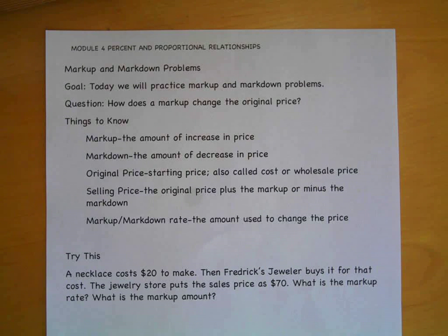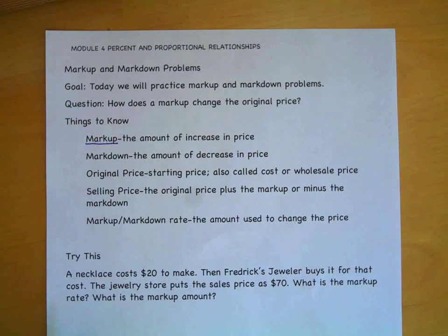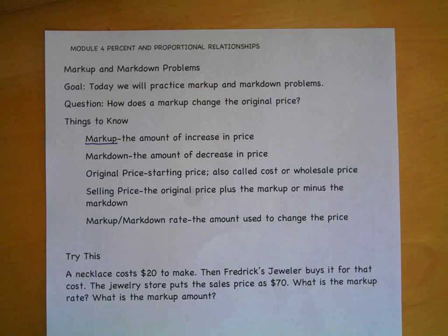So some important things to know are the vocabulary words that go along with this. A markup is the amount of increase in price. So you have a price, you multiply it by a percent, and the amount that you add to the price from your percent would be the markup.